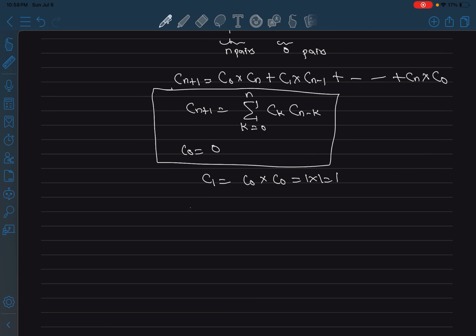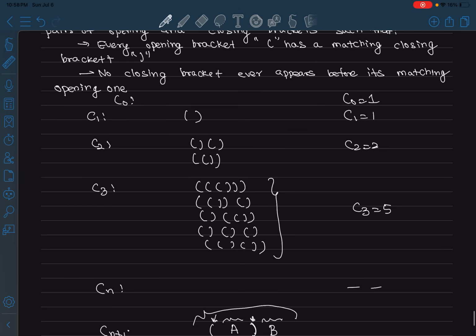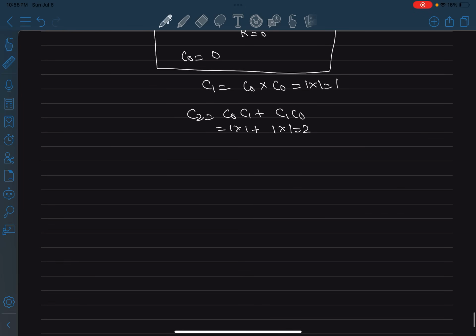Now C2 will be C0 C1 plus C1 C0, right? And that will be 1 into 1 plus 1 into 1, which is 2, right? And that was it, it was 2. Now for C3, it will be C0 C2 plus C1 C1 plus C2 C0, and this is 2 plus 1 plus 2, which is 5. That was what we got, right?